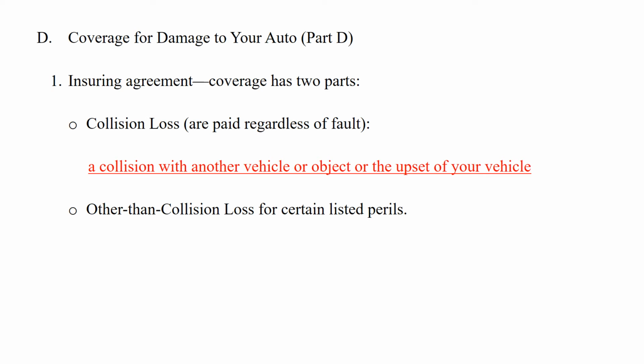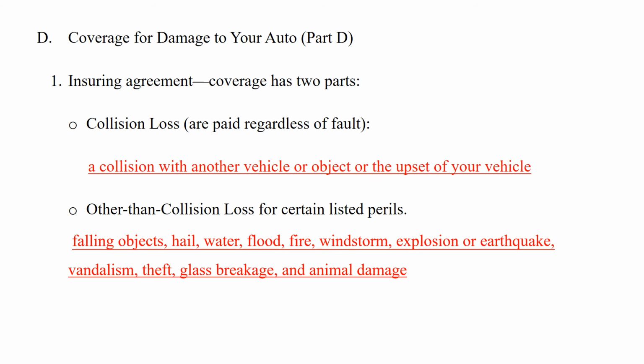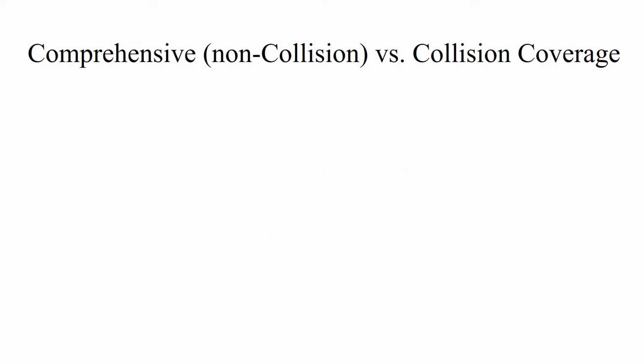Go back to our lecture notes. Other than collision loss for certain listed perils include falling objects, hail, water, flood, fire, windstorm, explosion or earthquake, vandalism, theft, glass breakage, and animal damage. Let's quickly compare non-collision coverage and collision coverage.